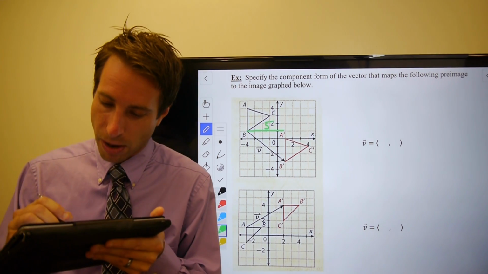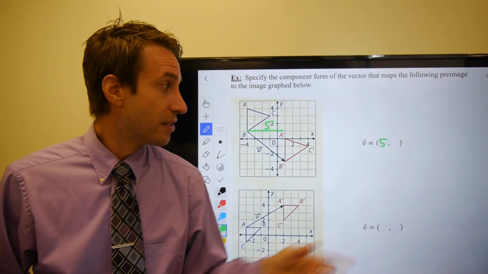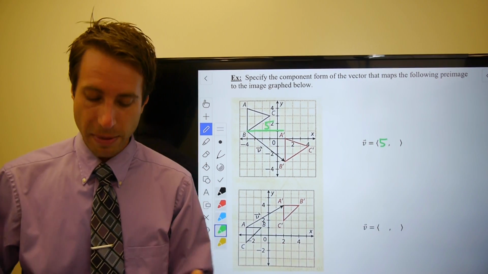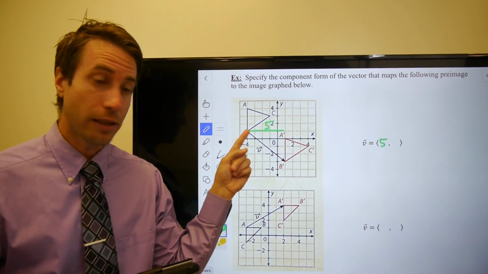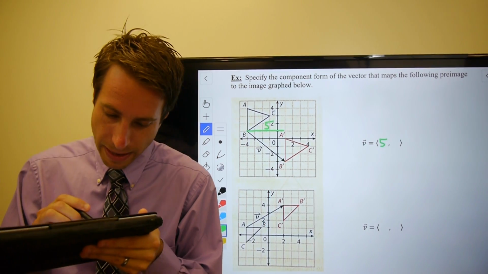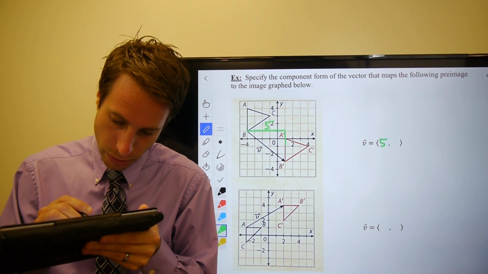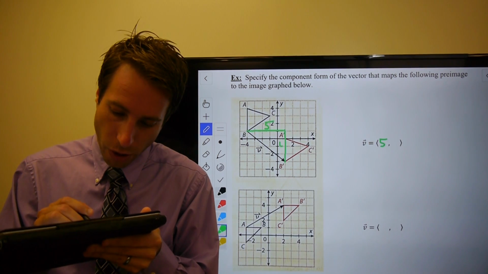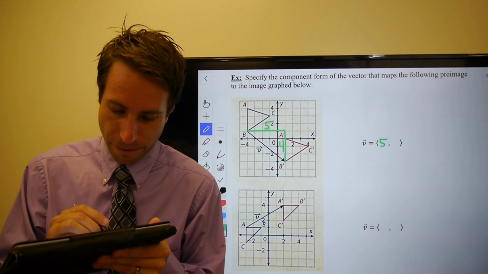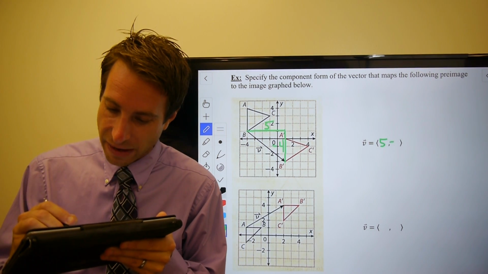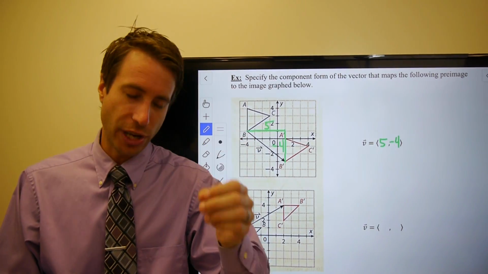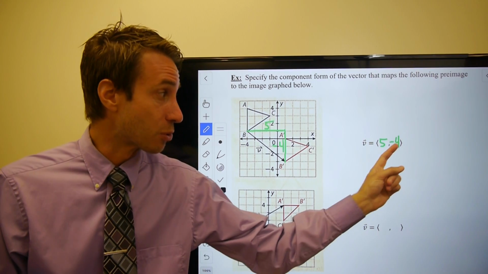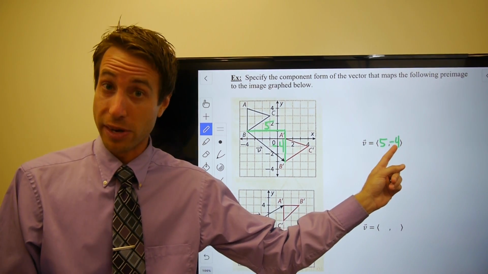That's 5 units in the positive direction. So, the X component is going to be 5. Then, I started at B, so I'm going to need to go to B prime. That's going to be 1, 2, 3, 4 units down. Careful. That's a -4, right? That is a shift vertically down 4. So make sure you make that component negative.